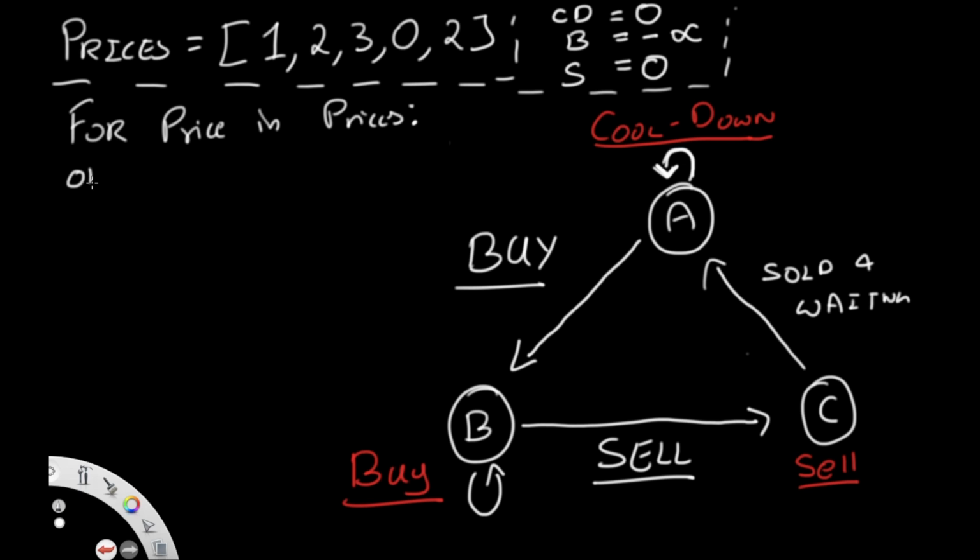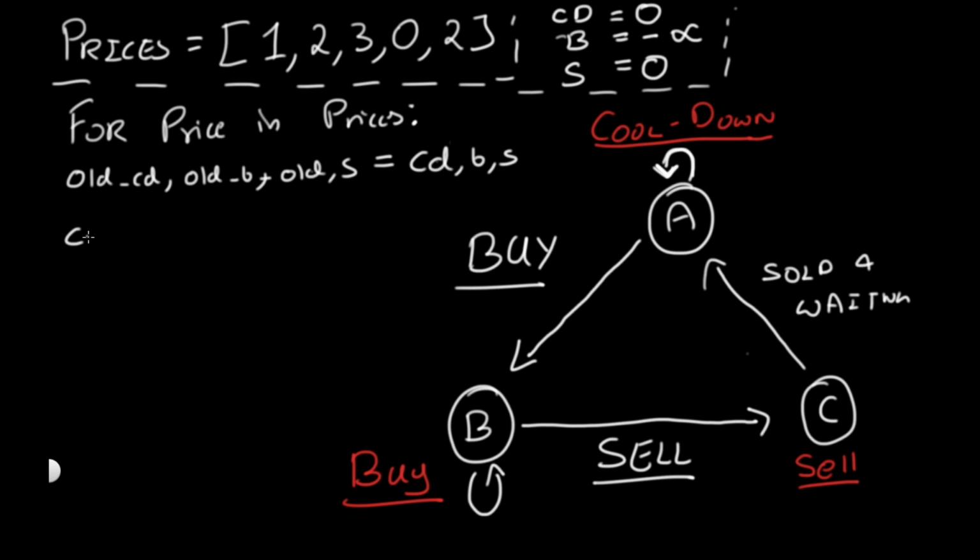I'm just going to call these old CD, old buy, and old sell, and they're just going to be the values we have defined over here, CD, B, and S. We're going to have a new value for our cooldown, a new value for our sell, and also a new value for our buy.